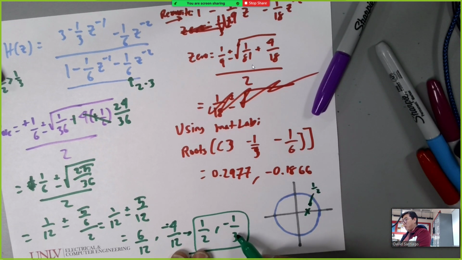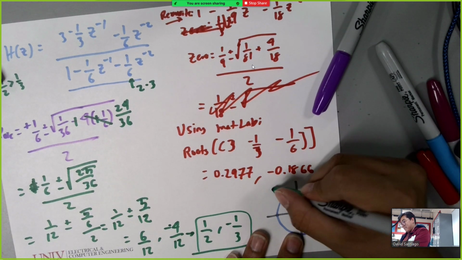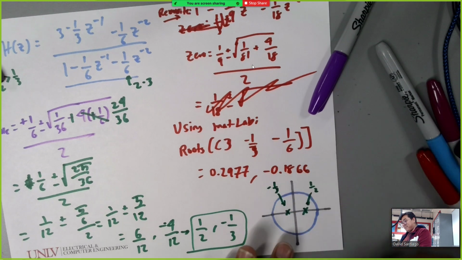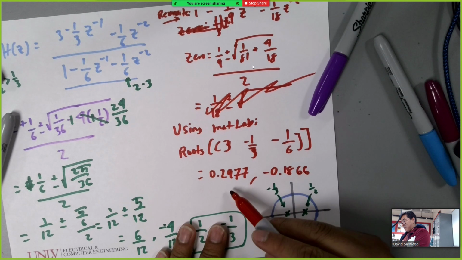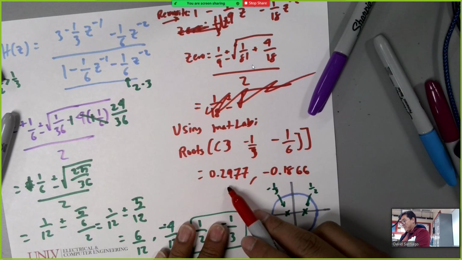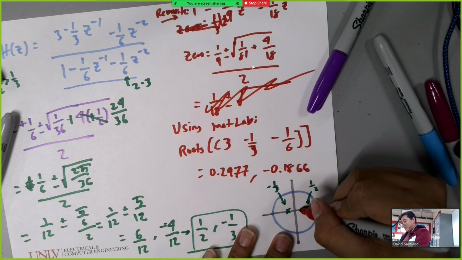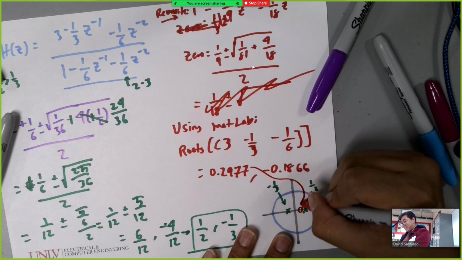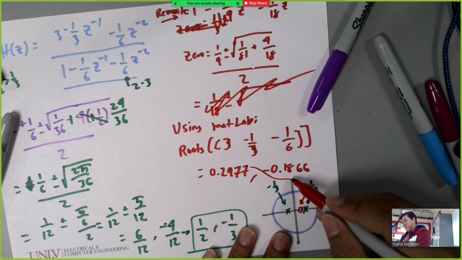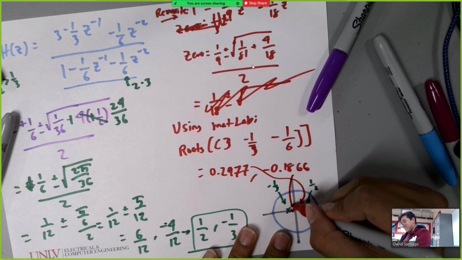And then we have a pole at minus 1 over 3, which means it's going to be right here. Minus 1 over 3. And now for our zeros. So this zero is going to be at 0.29, which is less than 1/2. So it's going to be somewhere right here. That's this guy right there. And then this minus 0.18 is going to be in here. So we have two zeros like this.